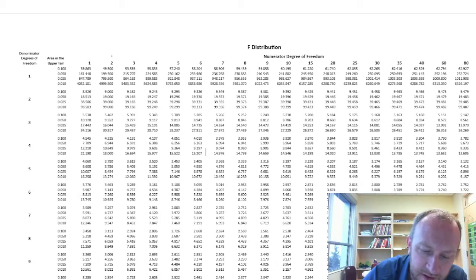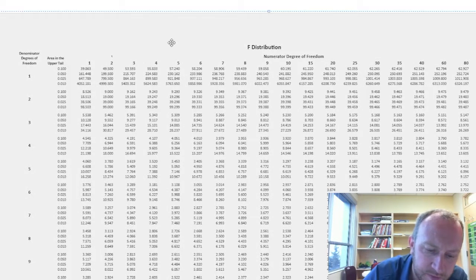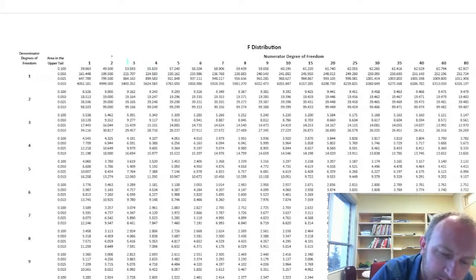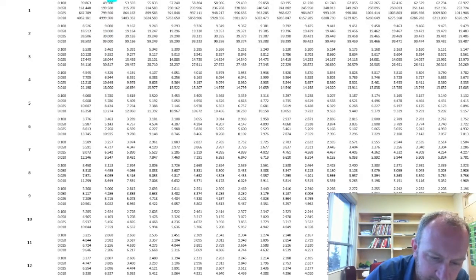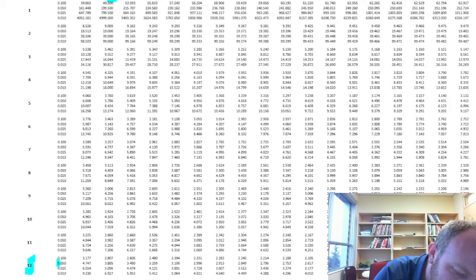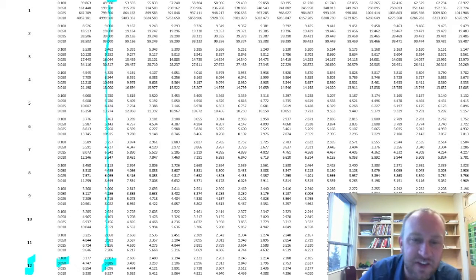So here is 2 degrees of freedom numerator, and right at the bottom, I've got 12 degrees of freedom denominator. Alpha is 0.05. And if we track this down, I have 3.885.